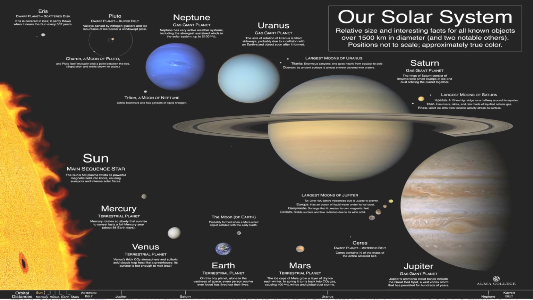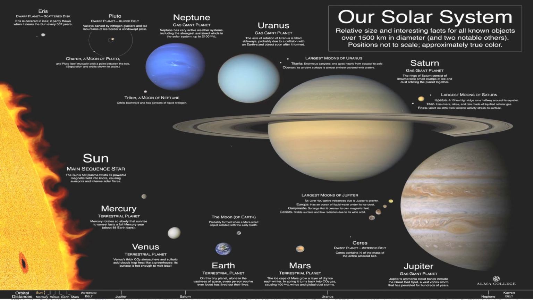Okay? So, if you look over here, you'll see our sun. Our sun is huge. Okay? And then you'll see Mercury. And then based off Mercury's size, then you'll see Venus. And then you'll see Earth with our one moon. You'll see we're just a tad bit larger than Venus. Okay? And then you see Mars.